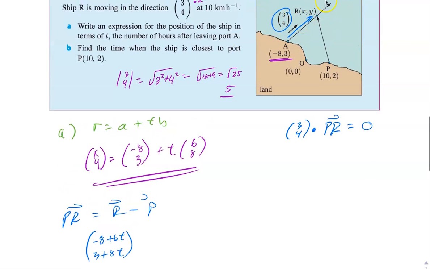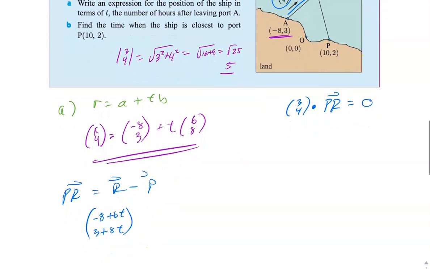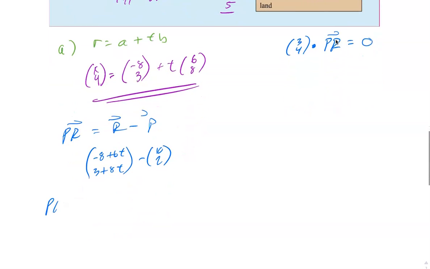You want to think about it this way? R is x, y. What's x, y? x, y is this whole thing. P, now they actually gave us P, 10, negative 2. So if I simplify this down, I get PR equals negative 18 plus 6t and 1 plus 8t. So that's my PR. And again, I'm going to dot this PR with the direction vector, which is 3, 4.